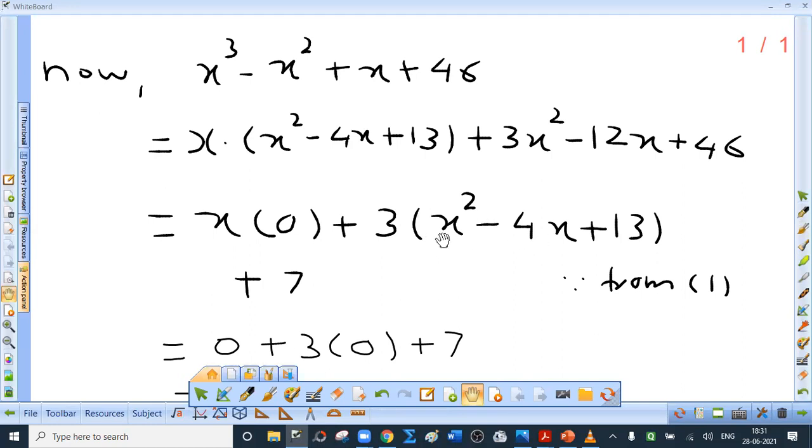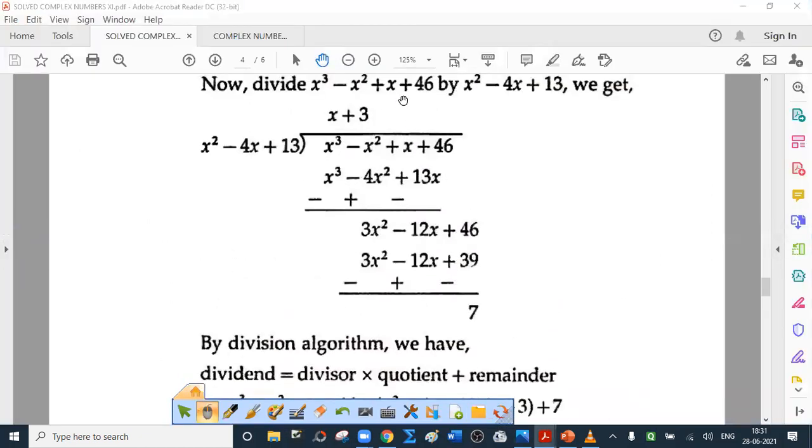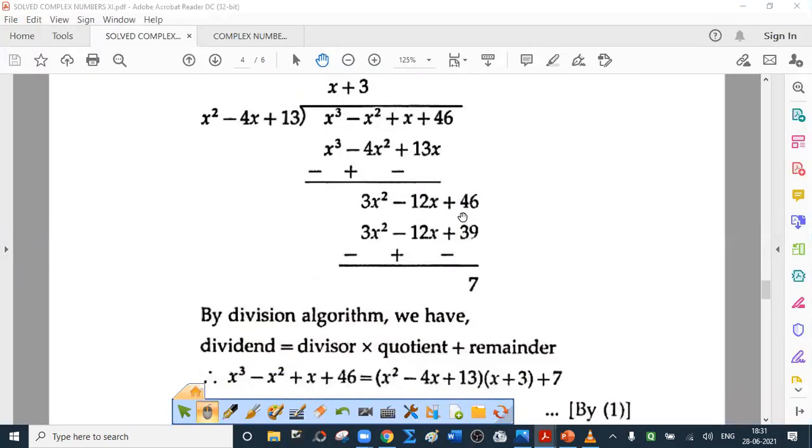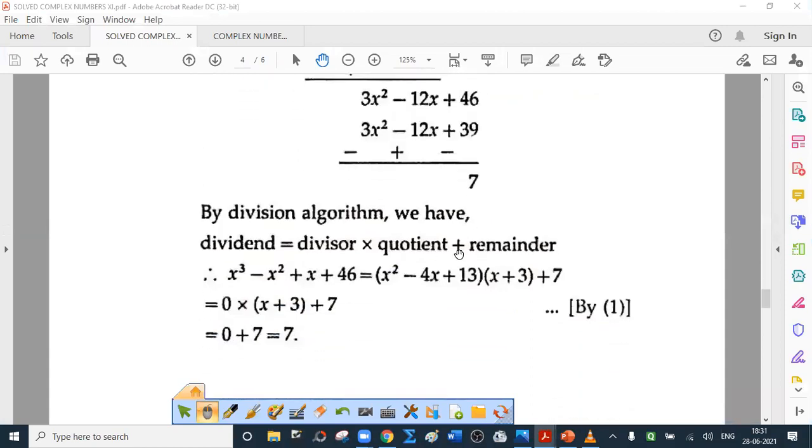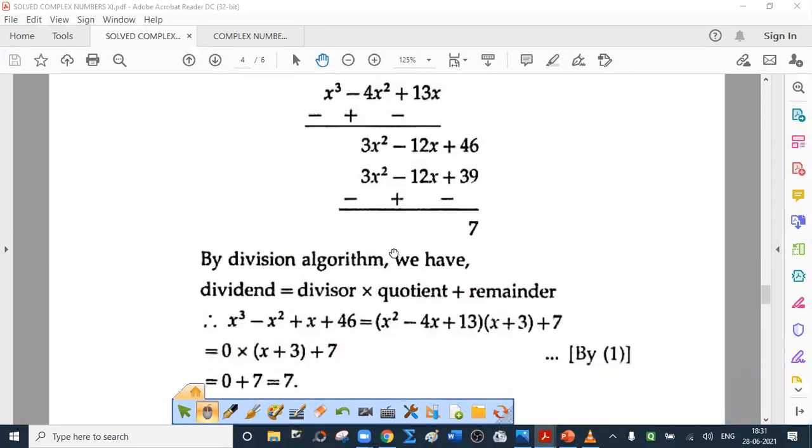Now this is 0. 3 into 0, 0. So 7. See, the method is the same. This is called indirect division. Because if you take x square minus 4x plus 13 common, here you get x plus 3. The quotient is x plus 3 only. Is that clear? So anyway, we are going to use this division method only.